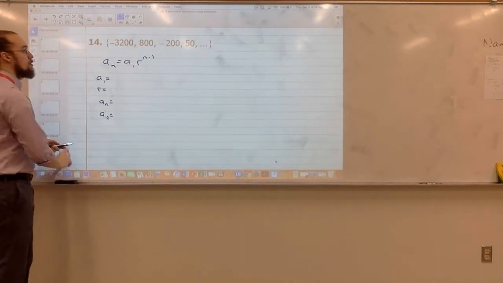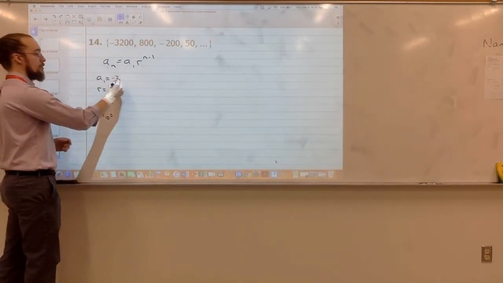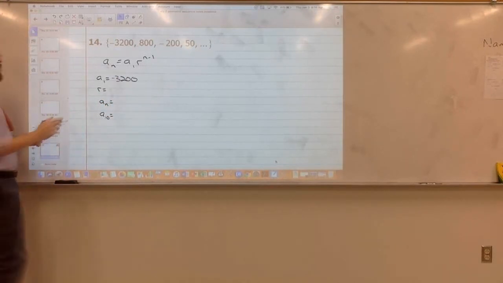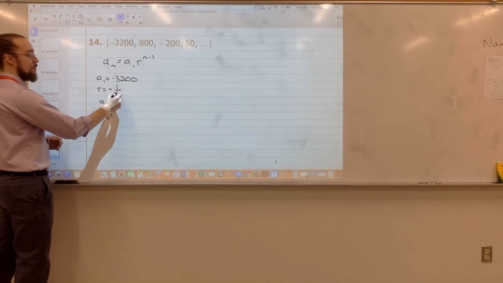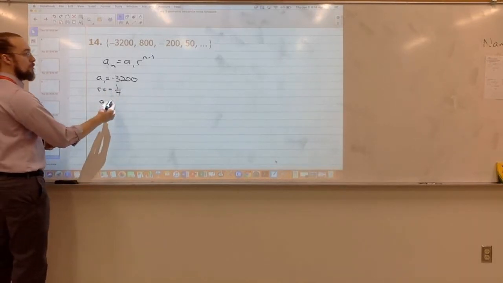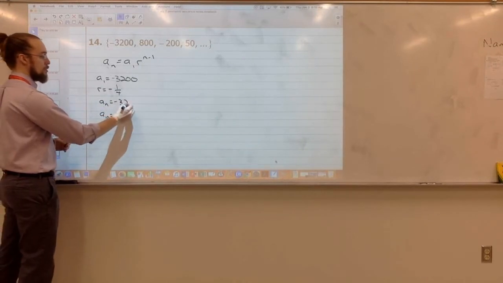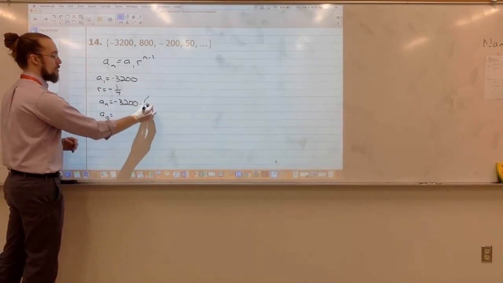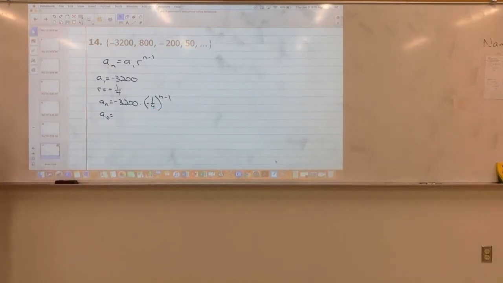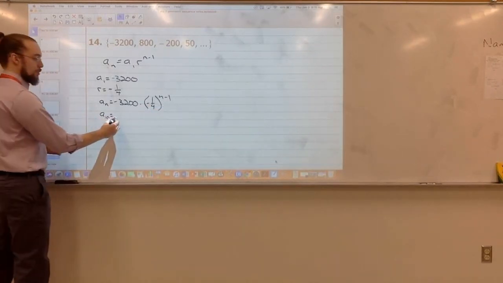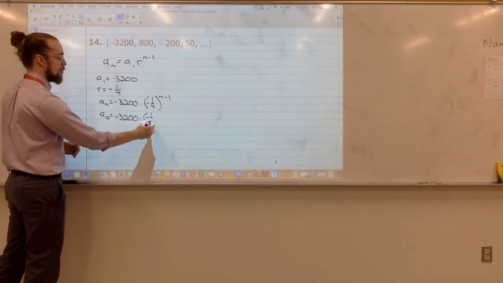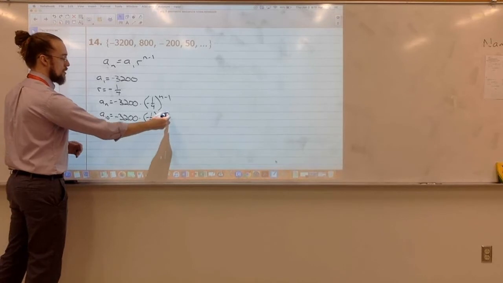Let's see, my first term is negative 3,200. My common ratio would be negative 1/4, right? So then my rule would be negative 3,200 times negative 1/4 to the n minus 1 power. So then the 10th term is negative 3,200 times negative 1/4 to the 10 minus 1.